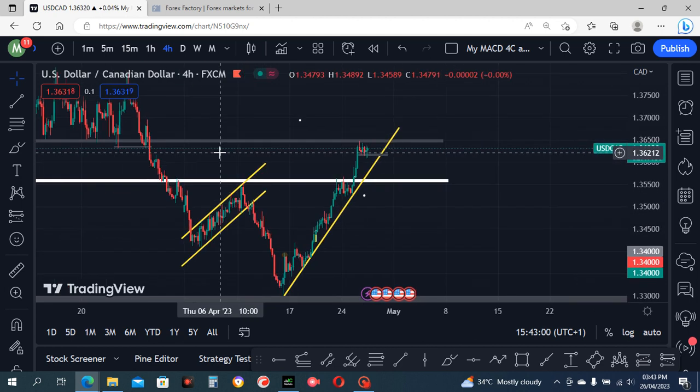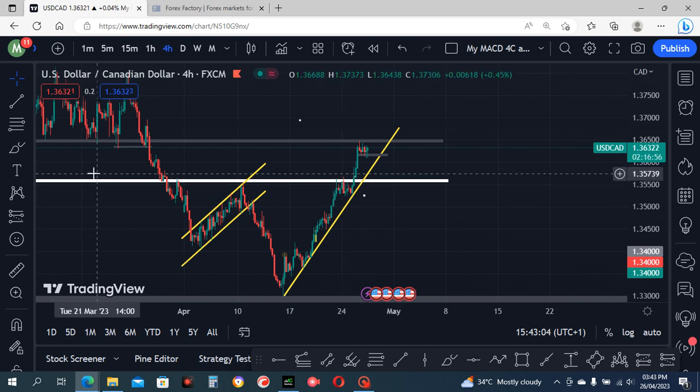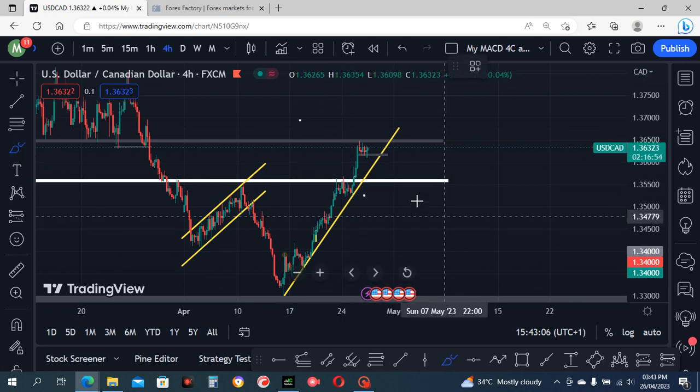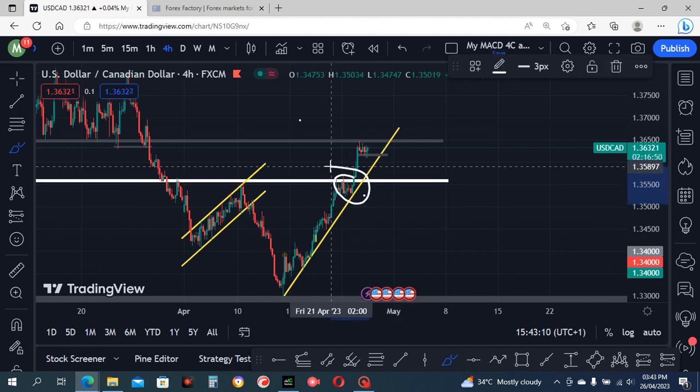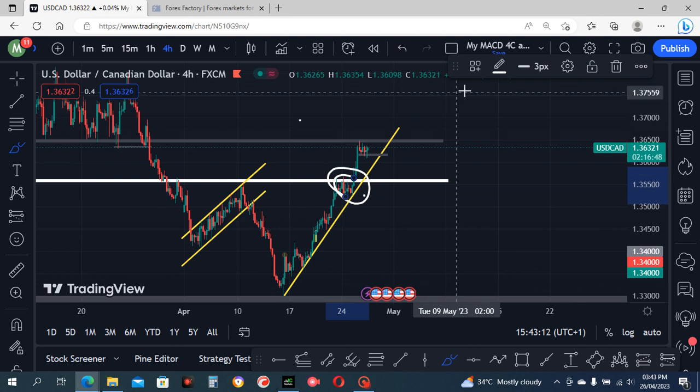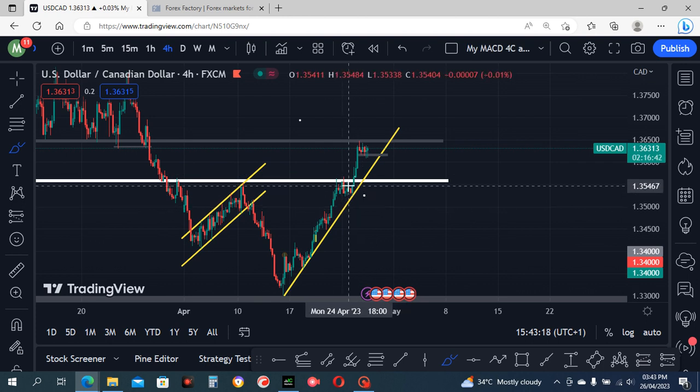So I was expecting two things when I was around here yesterday. I was expecting two scenarios to play out around here. So number one scenario I was expecting was a close.